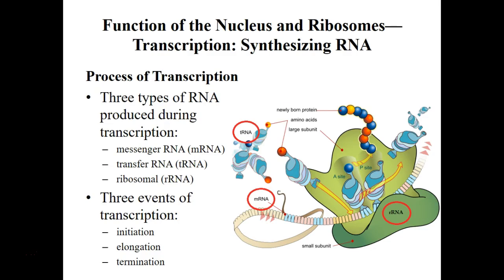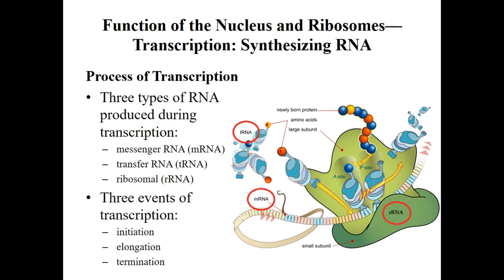There are 3 types of RNA that we actually produce through the process of transcription. Messenger RNA is the one we typically focus on because it's the RNA that we then translate into a protein. But we also produce transfer RNAs, which are a form of RNA that can carry amino acids. Remember that proteins are the polymers and amino acids are the monomers that make up the proteins.